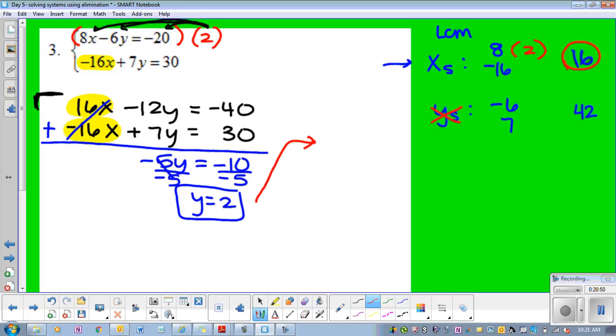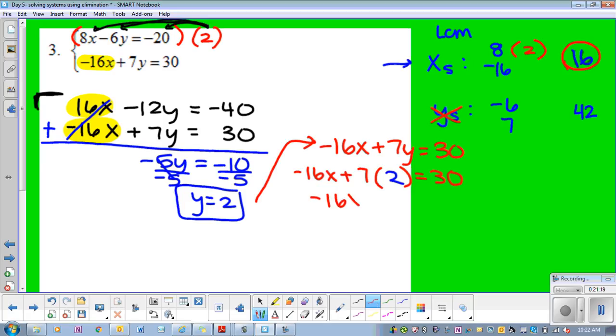So the second one is negative 16x plus 7y equals 30, right? I'm going to plug in y equals 2. So negative 16x plus 7y. Instead of that y, I put in 2. What's 7 times 2? 14.